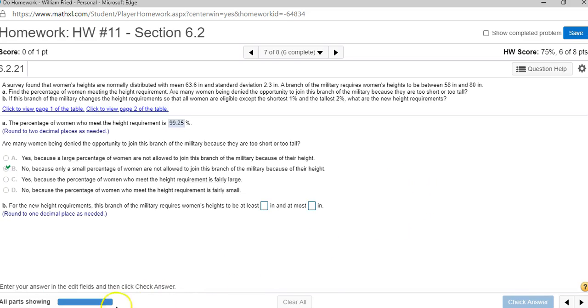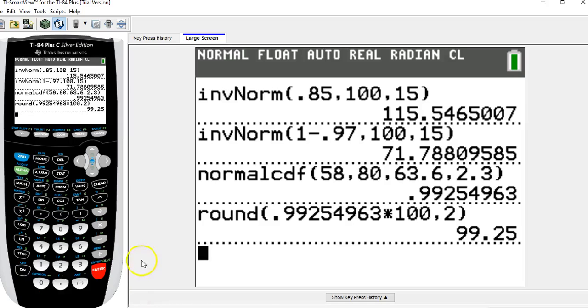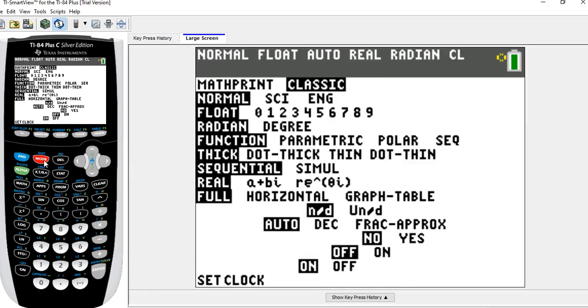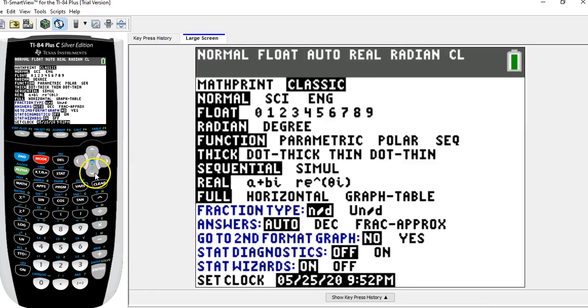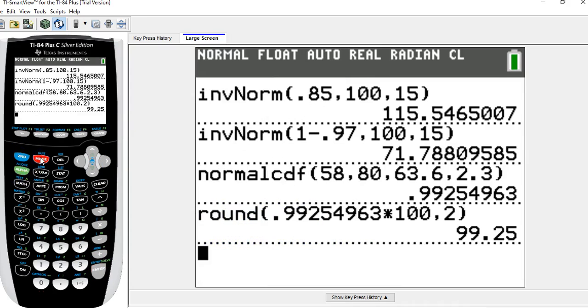Let's turn the stat wizard off, so you can see what happens with InvNorm when the stat wizard is off.